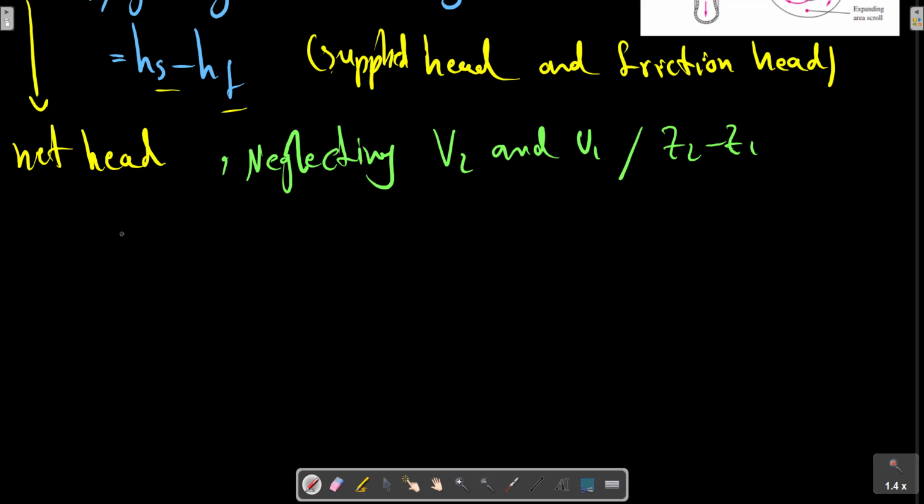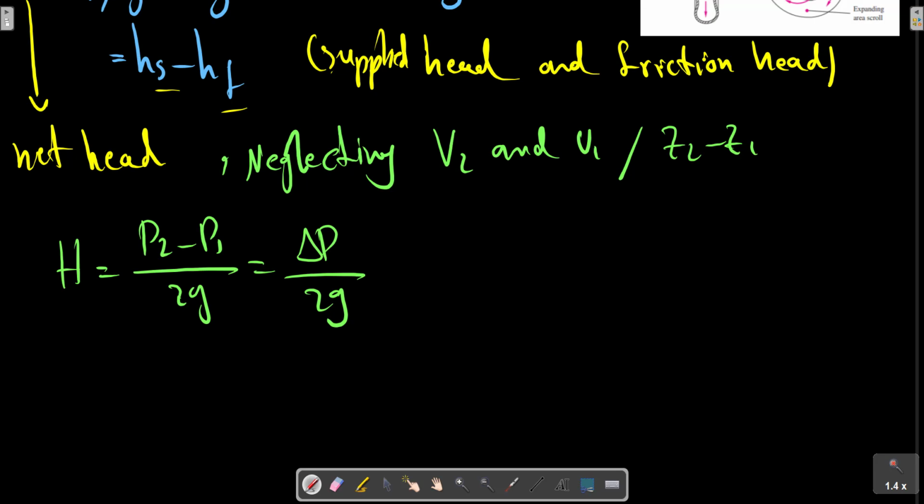Now we can write the head of the pump as the pressure change between the outlet and inlet fluid.